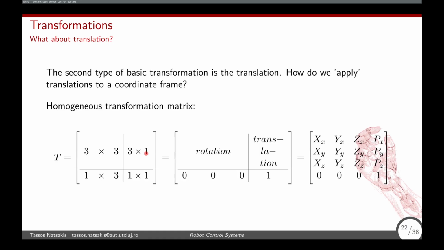This 3 by 1 vector, 3 rows, 1 column, represents change in position, or translation, right? And then the bottom row, we always fill it in with 0, 0, 0, and 1. Okay?